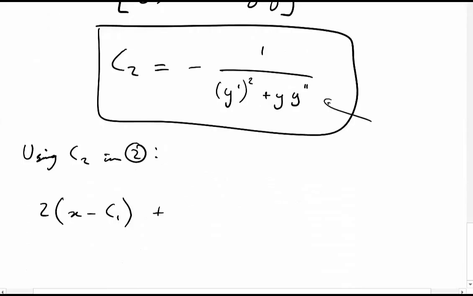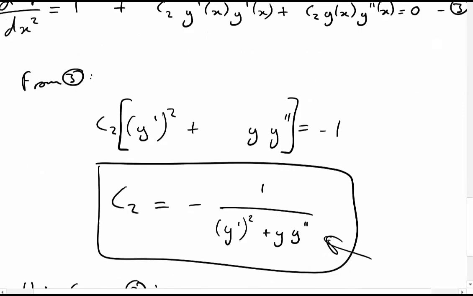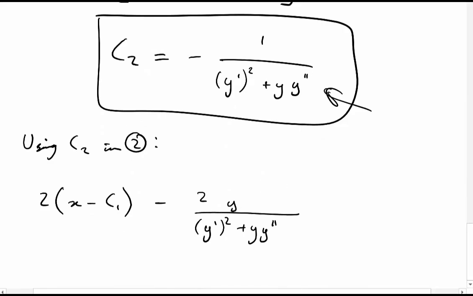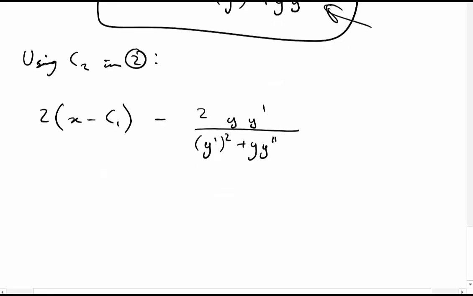It's this thing here, so it's going to be minus 2 times 1 over y dash squared plus y times y double dash, multiplied by y times y dash. Yeah, it's just that thing there, and that's all equal to 0.